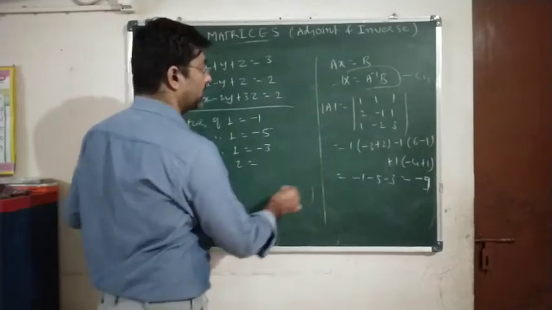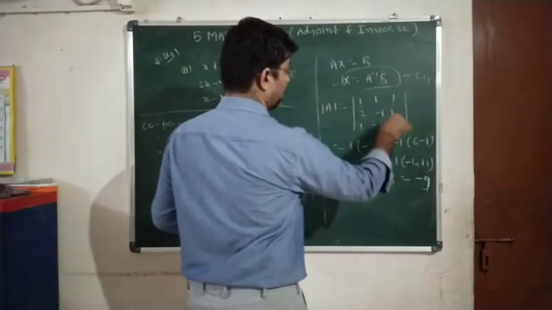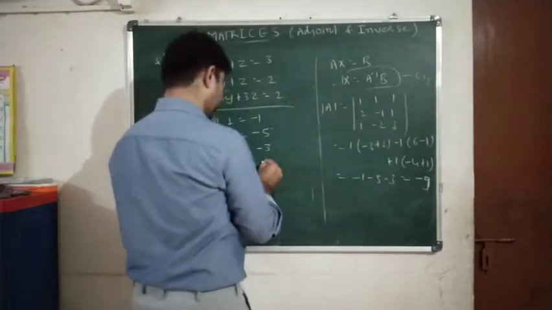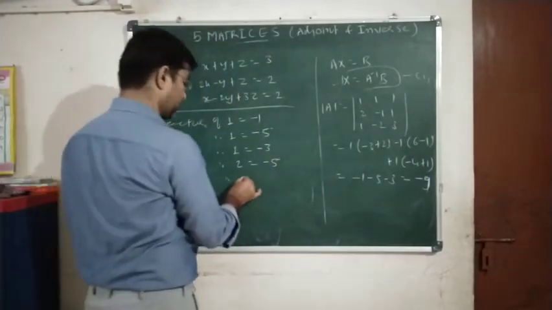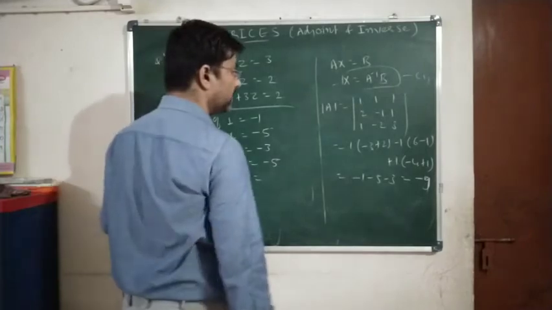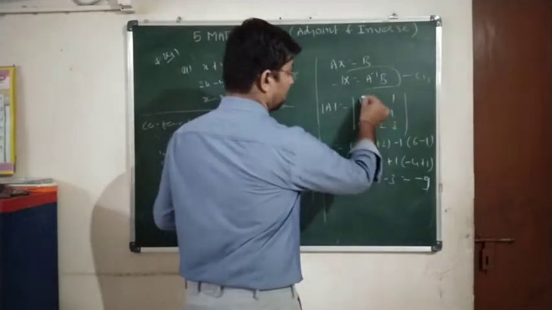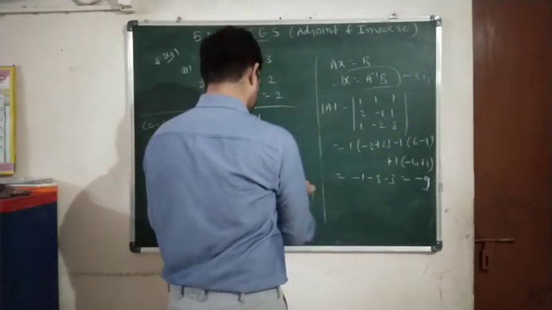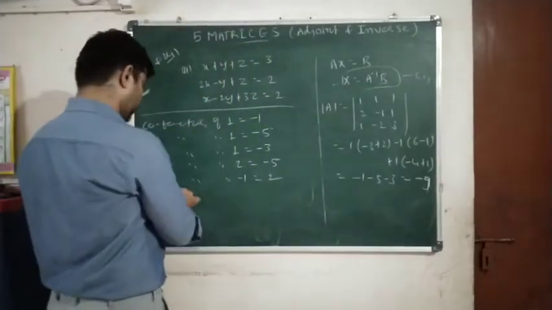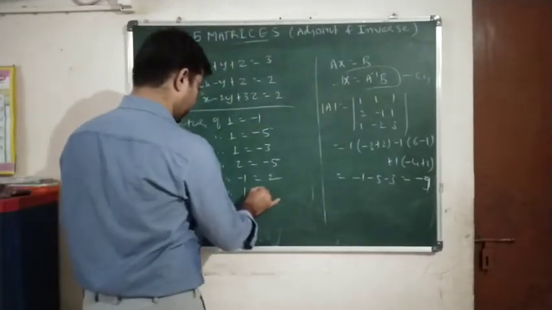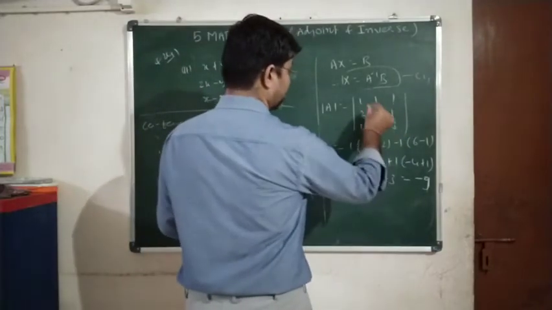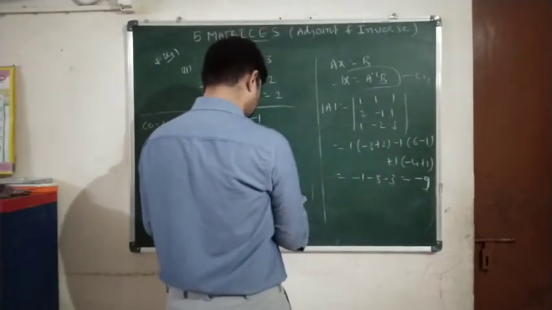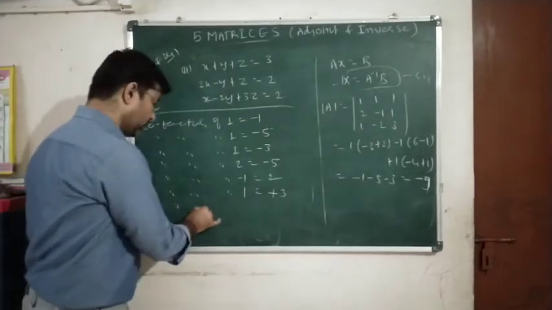Then cofactor of 2: 3 ones are 3, plus 2 is 5, but the sign is negative. Cofactor of minus 1 with positive sign: 3 ones are 3, minus 1 is 2. Cofactor of 1, here the minus sign will apply: minus 2 minus 1 is minus 3, so minus minus plus 3.